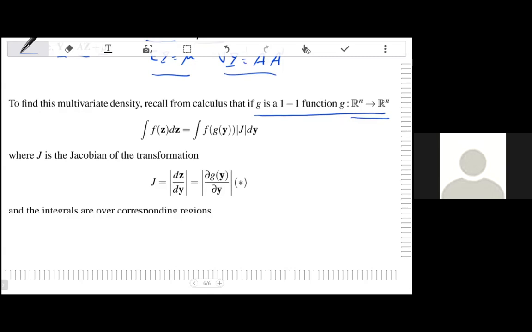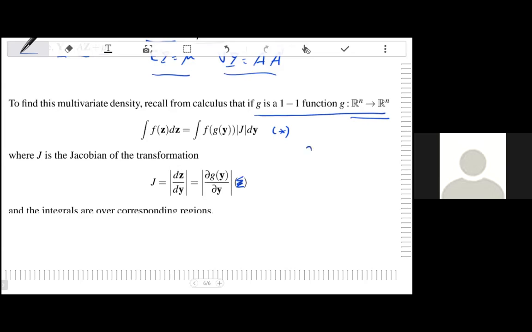So you can differentiate each of the components of g with respect to each of the y's, and you get a matrix. The Jacobian determinant is this quantity here. And this determinant is just a number for any given value of y. It's a function of y. And you think of this as the derivative of the z's with respect to the y's.